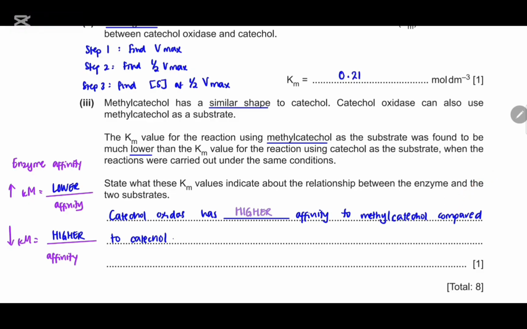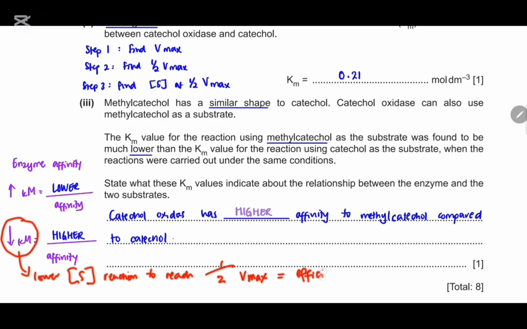And again, make sure you're comfortable with these terms, enzyme affinity. What it means is that if an enzyme has a lower Michaelis-Menten constant, it needs a lower concentration of substrate for the reaction to reach half of its maximum speed. So it's actually very efficient.